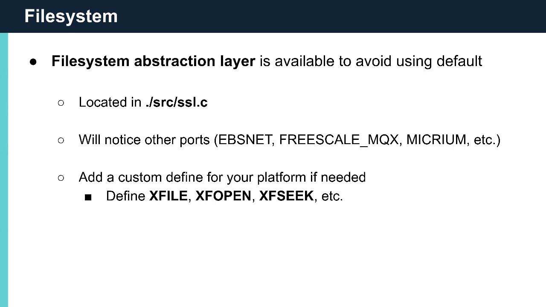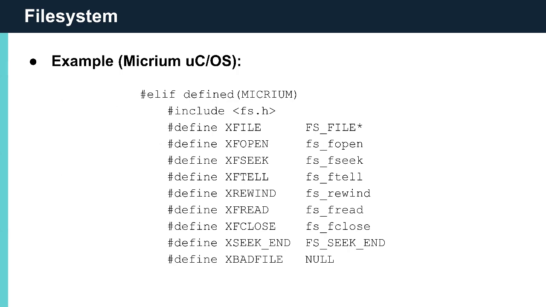But if we still don't support your file system, we've abstracted our file calls to XFILE, XFOPEN, XFSEEK, et cetera. And inside of your custom port block, you can essentially define these to your own file system calls. This is just an example I took out of our code for our Micrium port, where their file system functions are named a little bit differently than your standard file system calls would be.